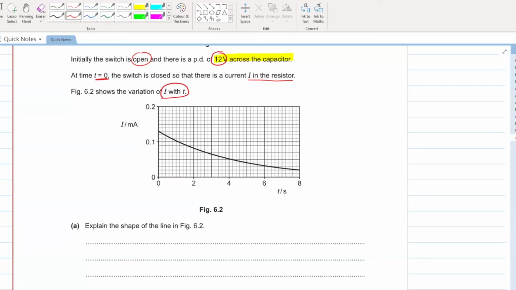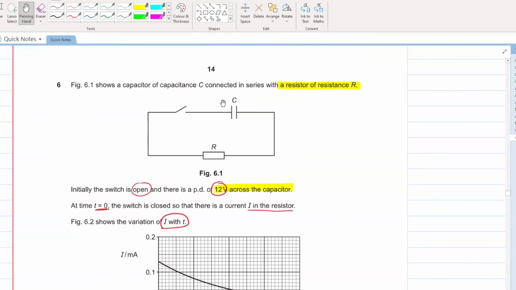First of all, you have to realize that the potential difference across the capacitor is equal to the potential difference across the resistor. All of the potential difference that the capacitor has will be provided to the resistor.